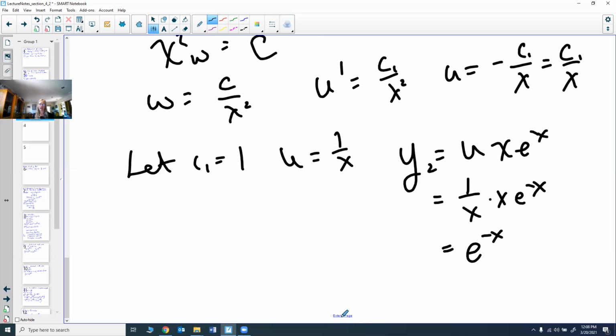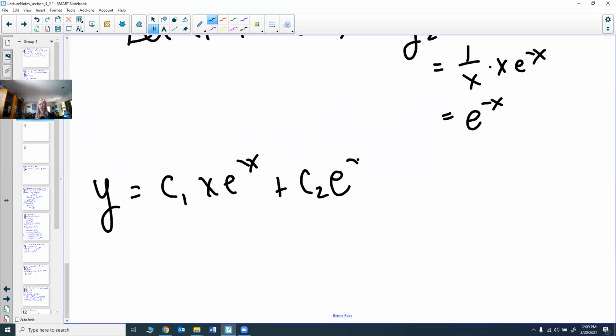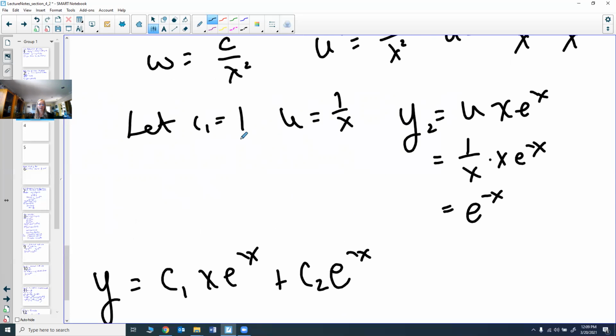So I happen to now know what y2 is equal to, which means I now know that y is equal to c1 times y1, which was x e to the minus x, plus c2 times e to the minus x. The reason I let this constant equal 1 is because my solutions there are constant free, because the constant comes in when I make my total final y.